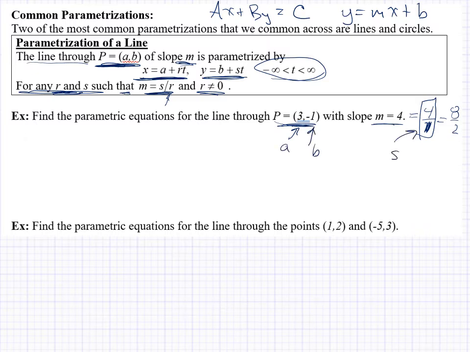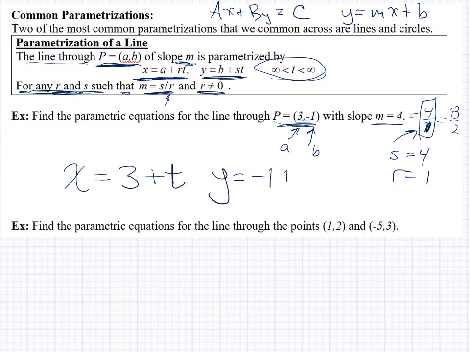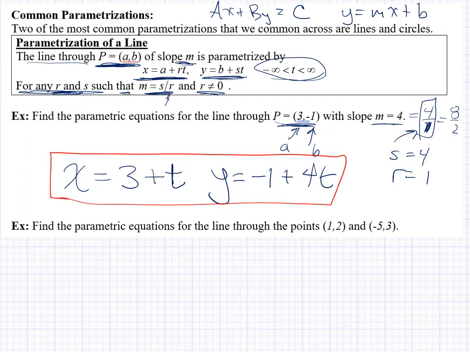According to this, s would be 4, r would be 1. So the parametrization would be x equals a plus rt, so just 1 times t, and y equals b plus st. And that's it. That's the set of parametric equations that would describe this line.